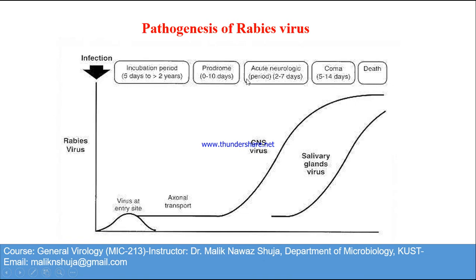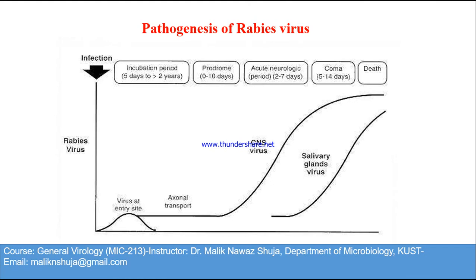From that acute stage, it finally enters the coma stage, and the coma stage may last 4 days, 5 days, or 2 weeks, and then there are minimum chances that the patient recovers from the coma stage, because these are considered the last stages.